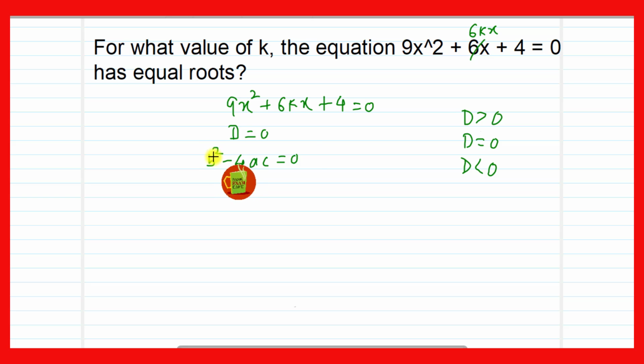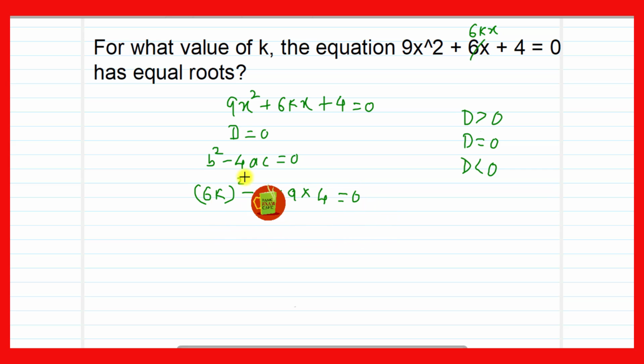Now put the values. B is 6k, so it will be 6k bracket square minus 4 into A, which is 9, into C, which is 4, is equal to 0.